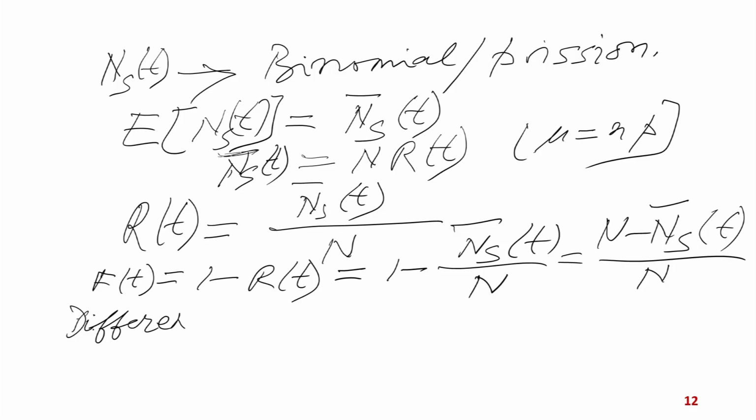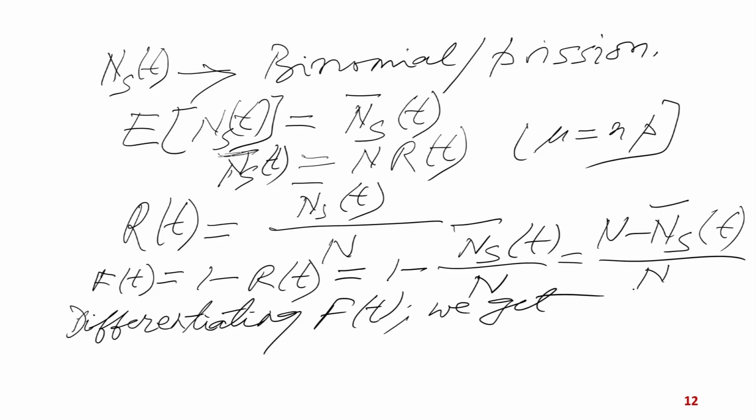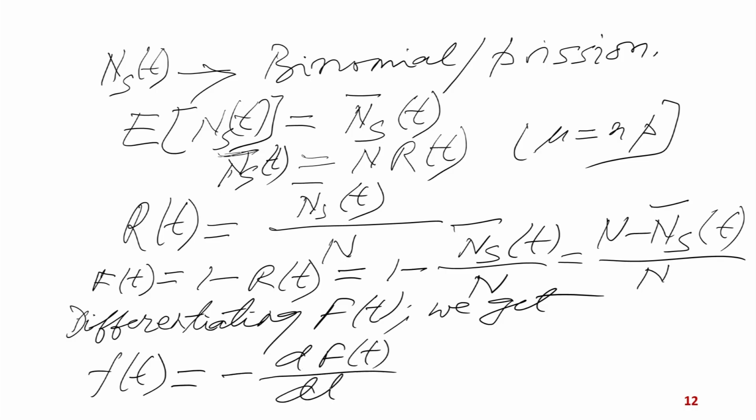So, differentiating F t, we get small f t is equal to minus d of F t by d t. Okay. So, if you do the differentiation with respect to t, what will you get? You will get minus 1 by n.